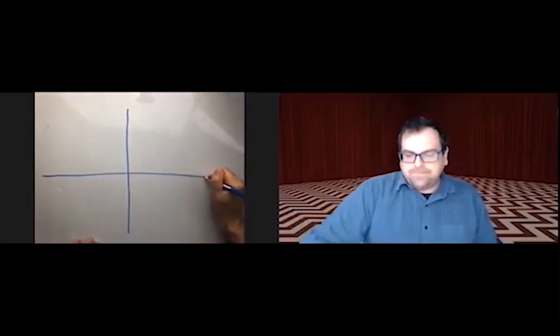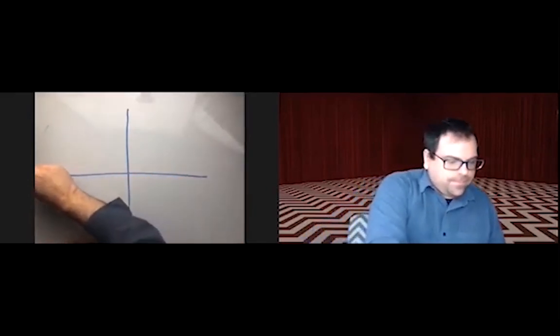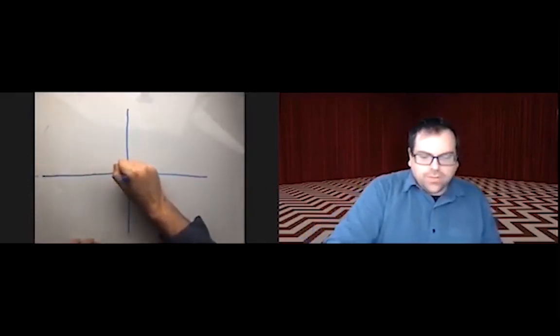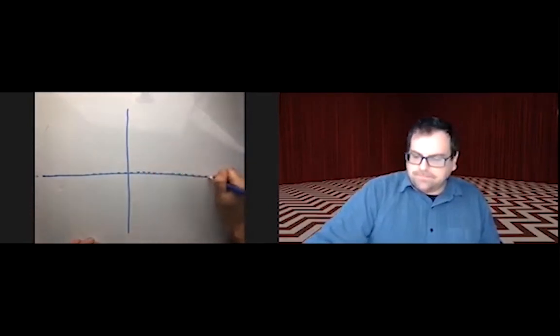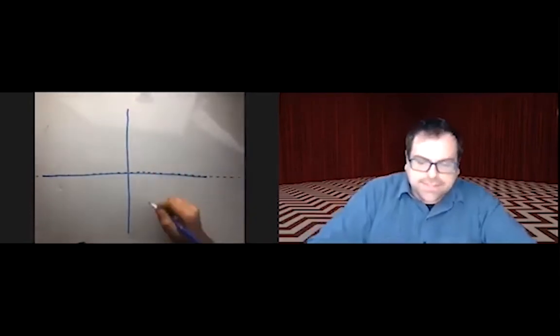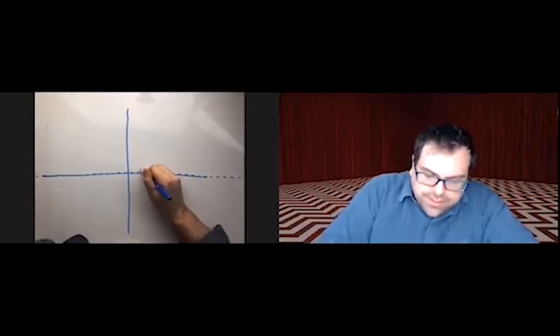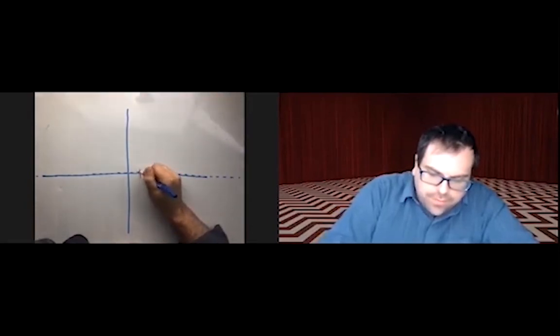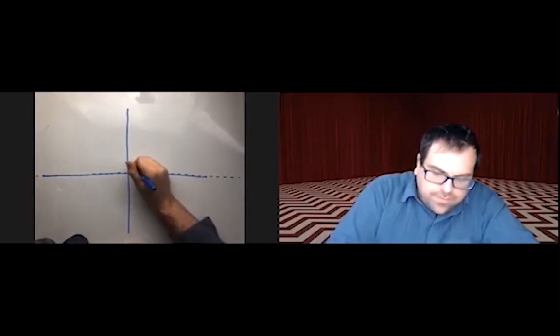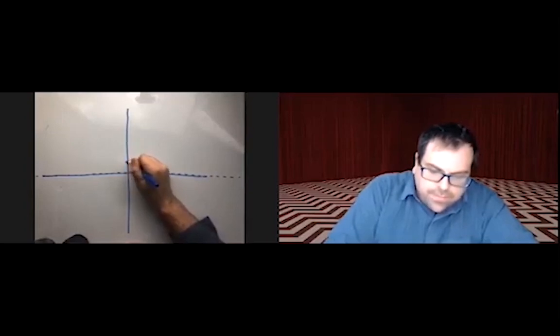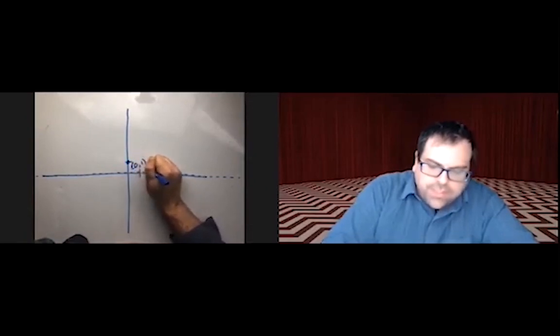New function. It's going to have a horizontal asymptote along the x-axis. It's going to have the point 0, 1.